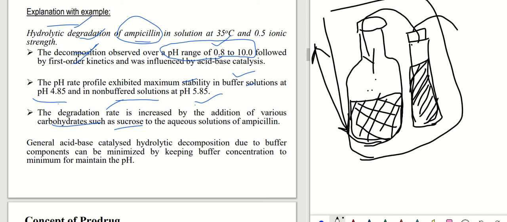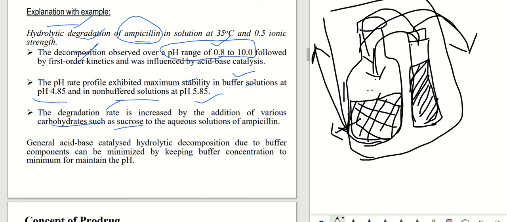In case we formulate this drug directly as a syrup, during its storage it will undergo hydrolytic degradation. But here, we are not allowing the drug to undergo hydrolytic degradation. As soon as we add the solvent, we consume the dosage form, so we are not giving the time for the drug to undergo hydrolytic degradation outside the body.